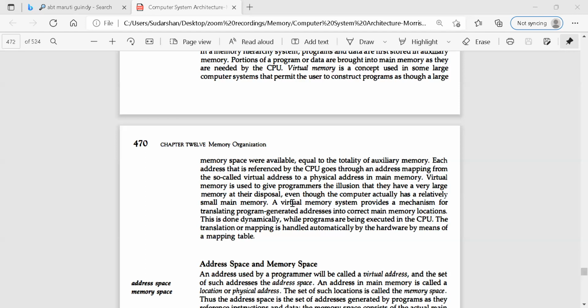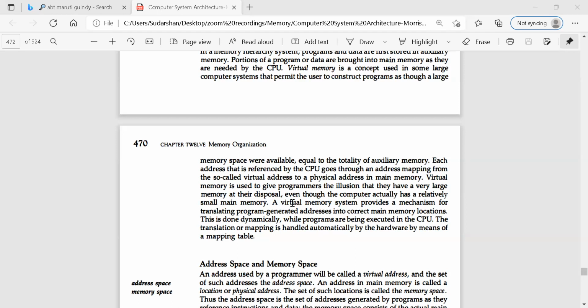What happens here? In the previous case, if the primary memory is only 4 MB and I have to allocate it equally to two different programs, then each program will have only 2 MB of space. But the program size is, let me say, 8 MB. Available primary memory is 4 MB, my program size is 8 MB, and I am going to keep two different programs.